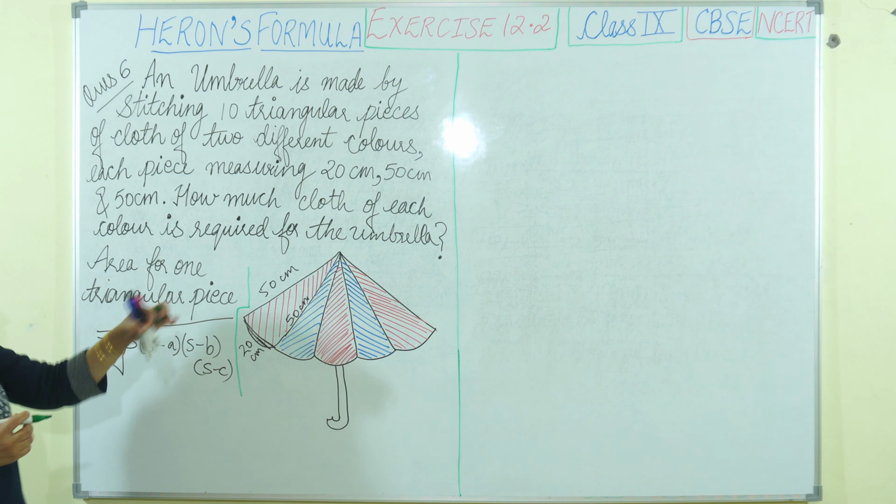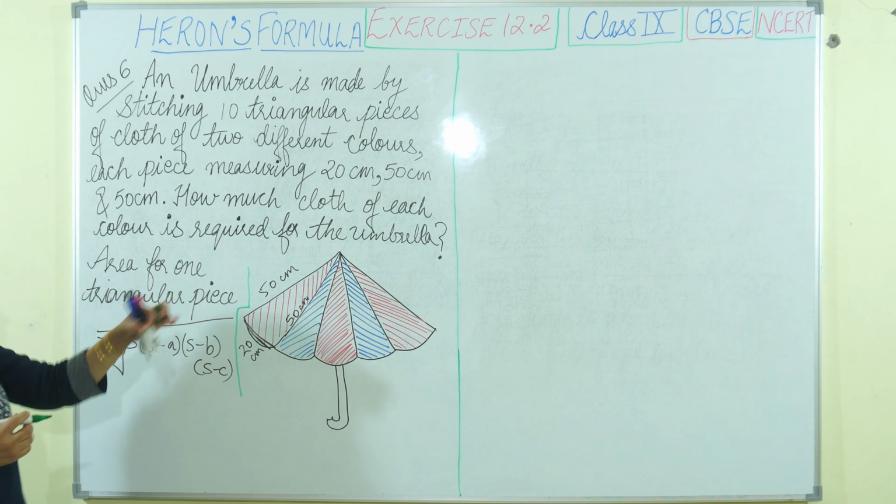So let us first find the semi-perimeter. S is equal to A plus B plus C upon 2, which is 20 plus 50 plus 50 upon 2. That gives 120 upon 2, which is 60 centimeter.